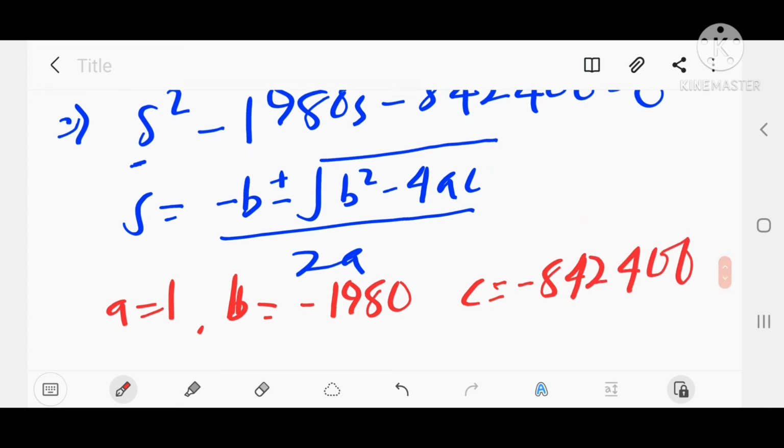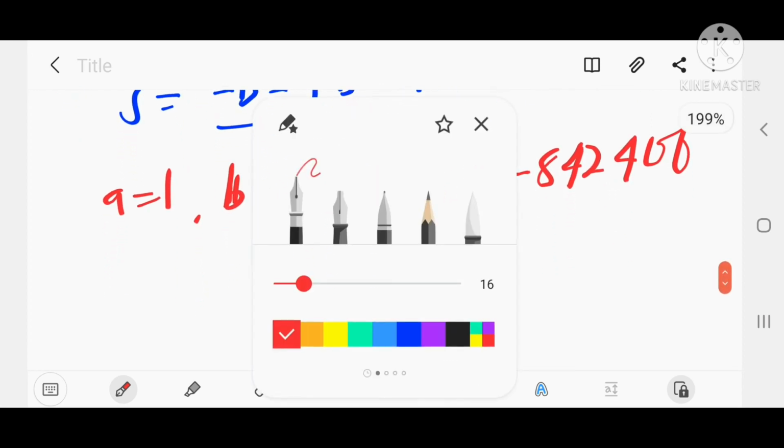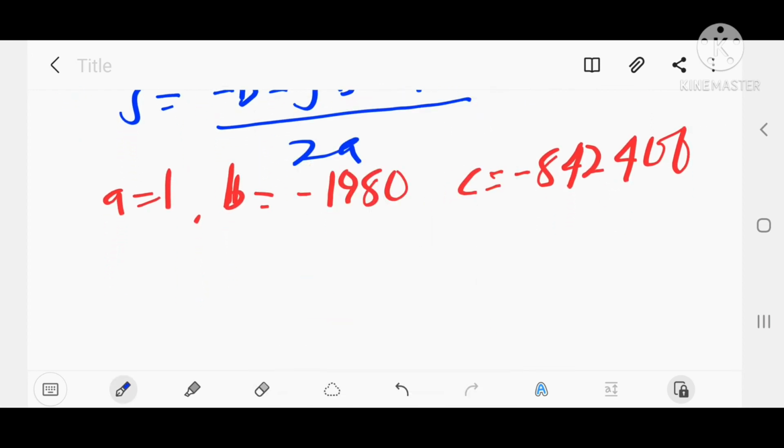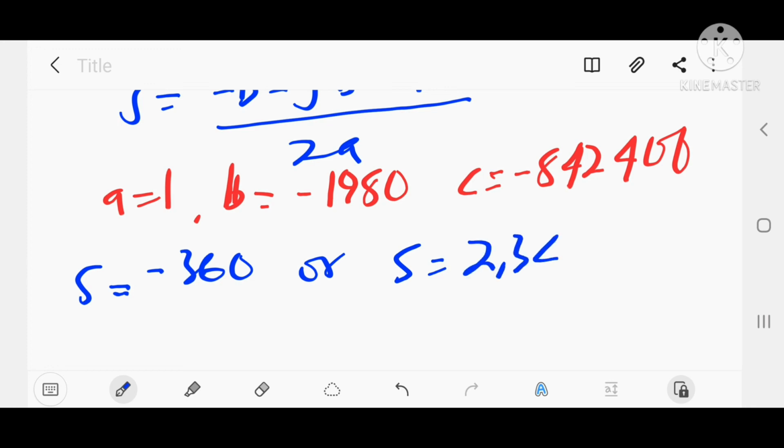When you compute that, you get s equals negative 360 or s equals 2,340.